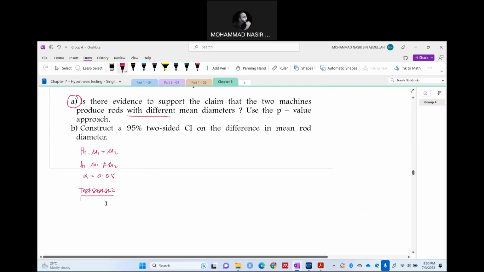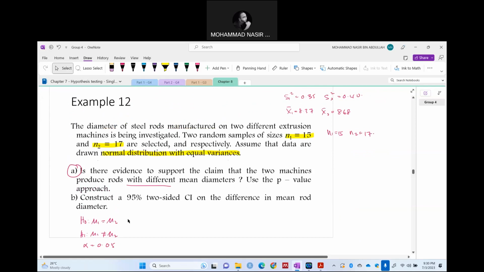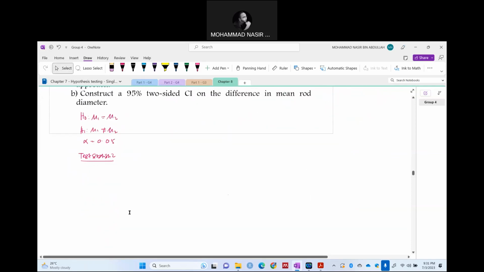So in this case, how do you choose the test statistic? We know that the population variance is unknown, the sample size is very small, n less than 30, and we assume equal variance. So we use the T distribution with pooled standard deviation.